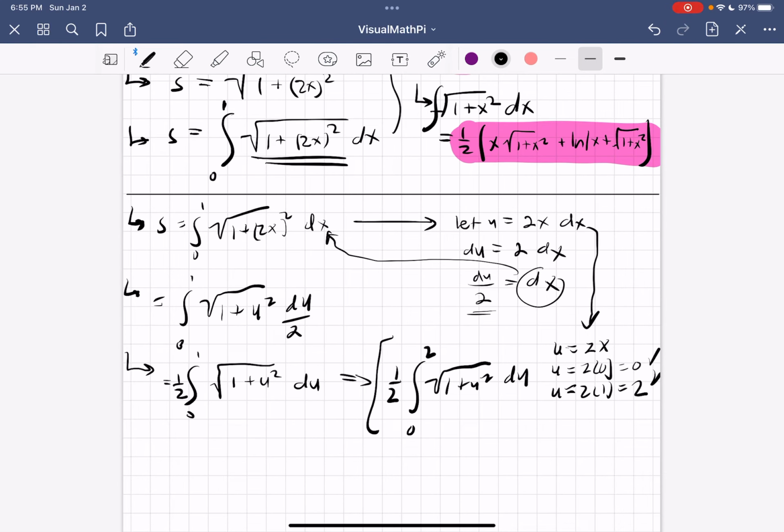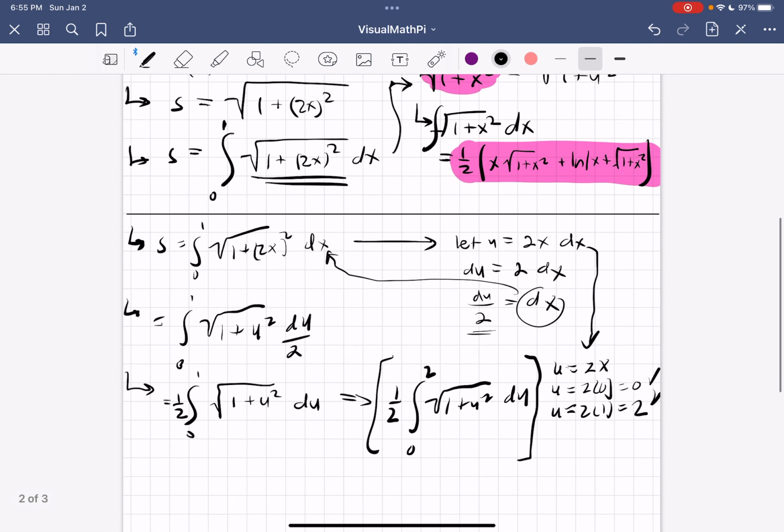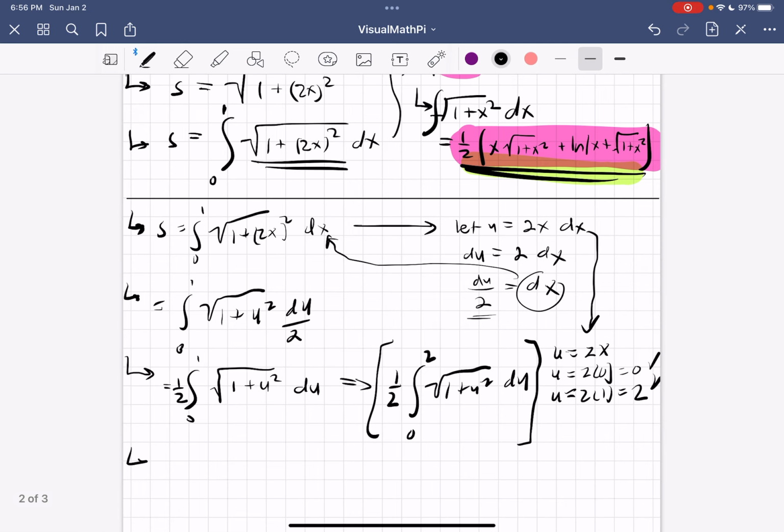So now that we're in this form, we're essentially almost done. Now we can use this integral formula that I mentioned earlier and just put it into that format.